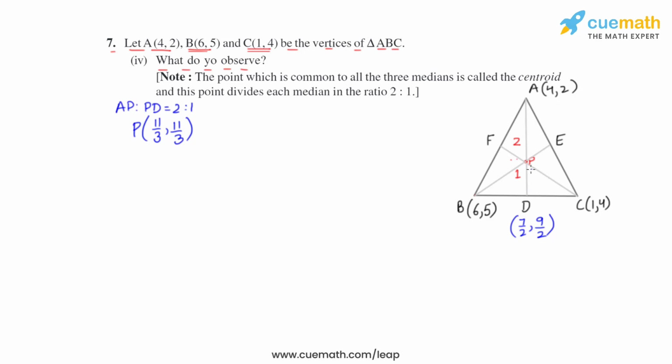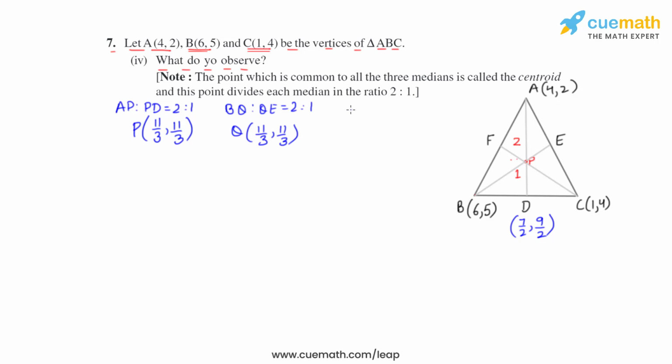Then BQ ratio QE was given 2:1 and we got the point Q as 11 by 3, comma 11 by 3.